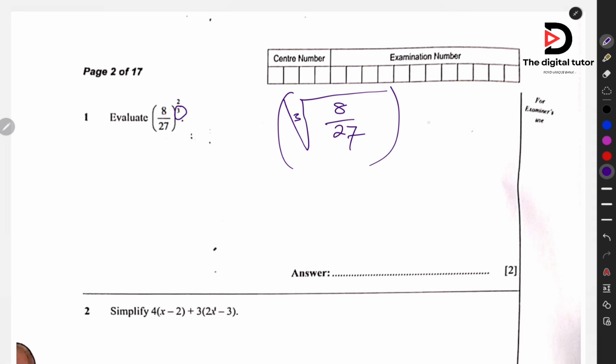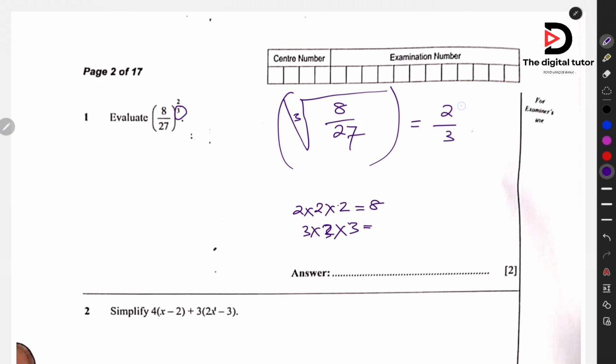So what is the cube root of 8? We are looking for the number that we can multiply 3 times to give us 8, and that number is 2. For 27, the number that we multiply by itself 3 times to give us 27 is 3.